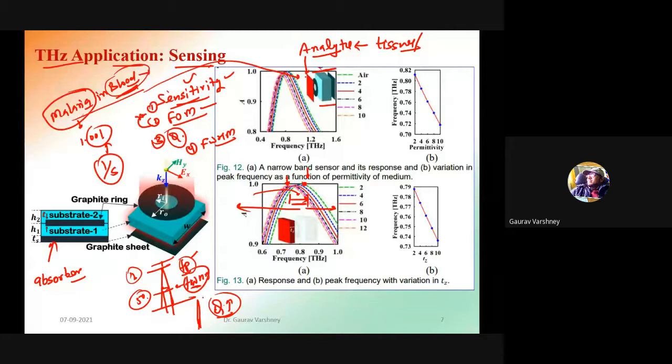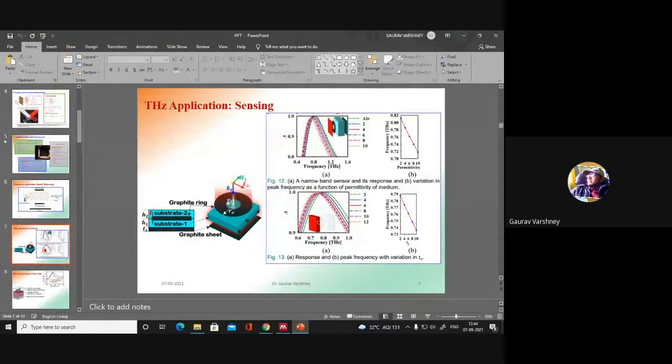So this is another research gap: someone can work toward the development of biosensors having high sensitivity and ultra high Q factors, and a narrow or ultra narrow spectrum, meaning narrow FWHM. We will discuss all these research gaps in detail as well.